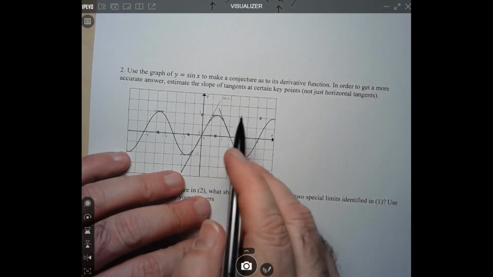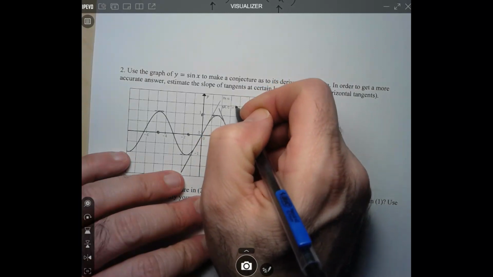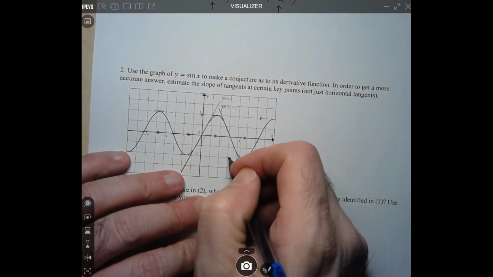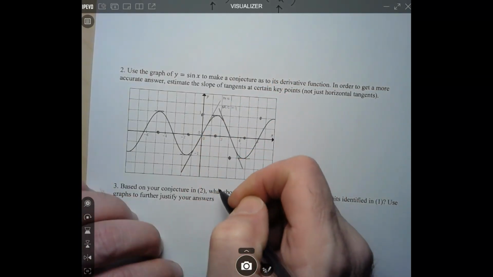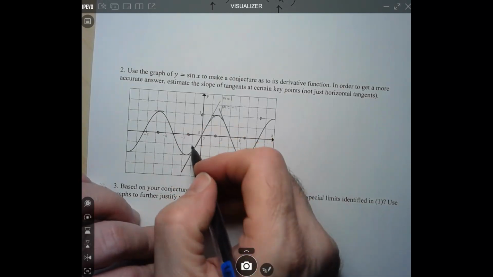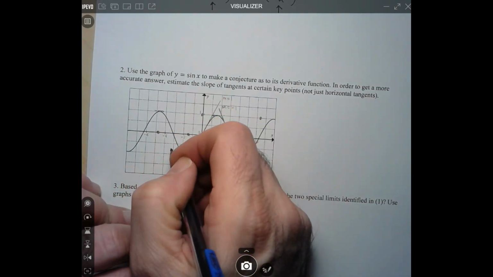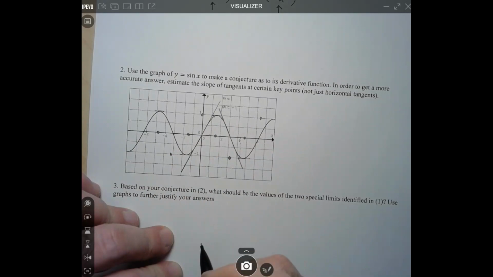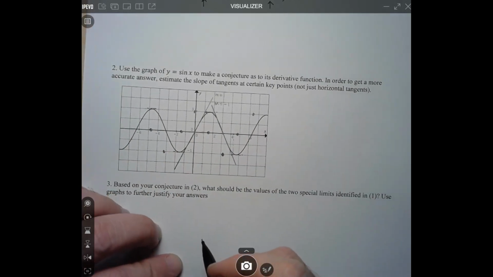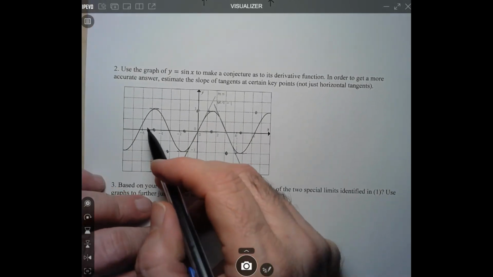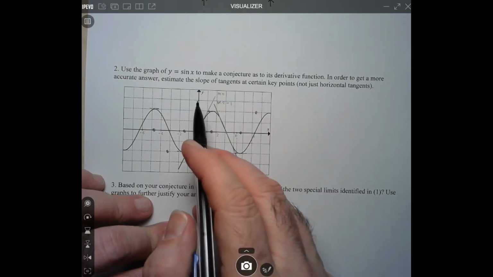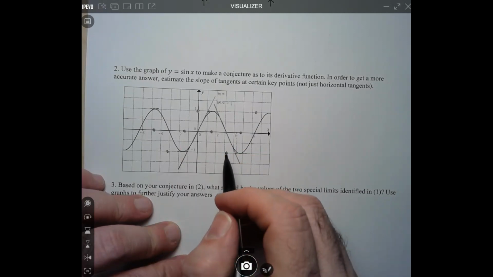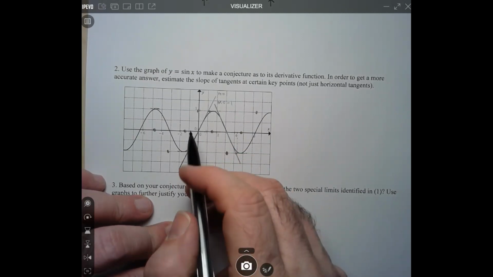So it looks like the slope of this tangent is -1. So at this point, the derivative is -1. Okay, same thing here. The shape repeats. This point here, -1. And I hope that you recognize this function that seems to repeat every 2 pi units, that has a maximum of 1, minimum of -1, and at 0 is equal to 1.